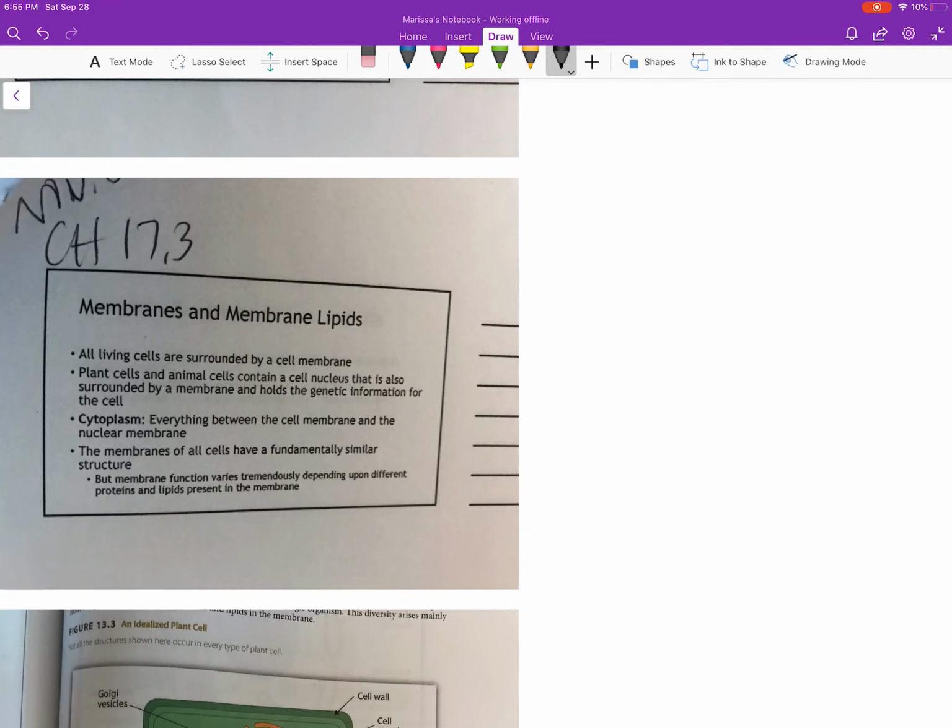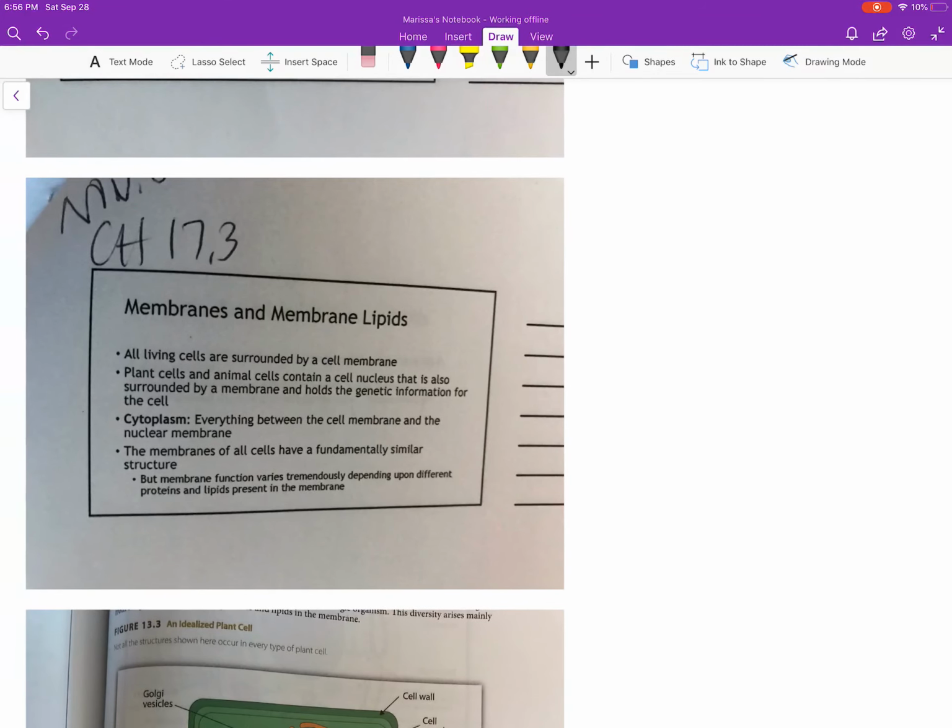Okay, so all living cells, whether they're plant or animal, are surrounded by what's called a cell membrane. Plant and animal cells contain a nucleus that is also surrounded by a membrane that holds the genetic information. So it's really important to protect the genetic material, right?